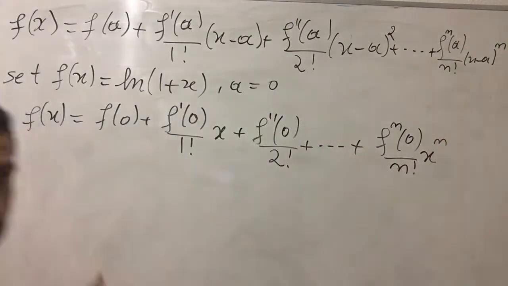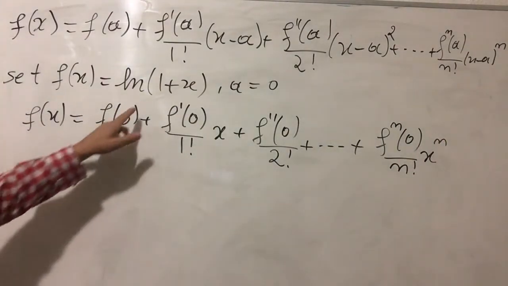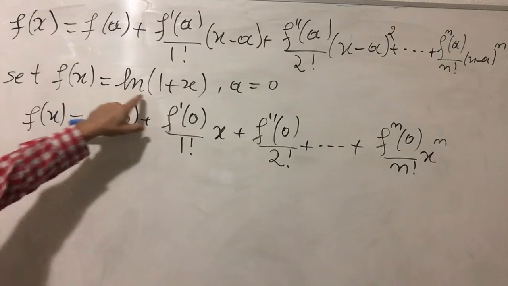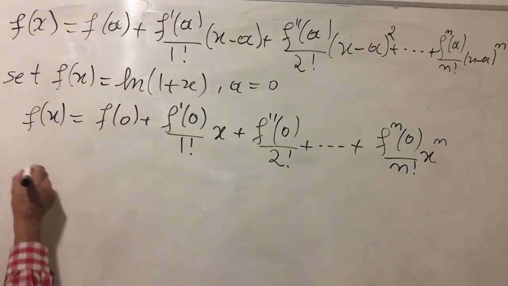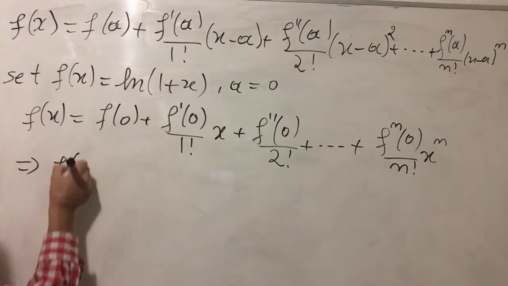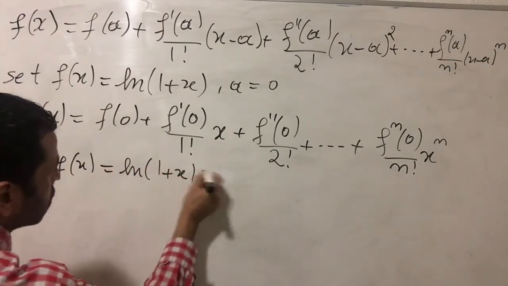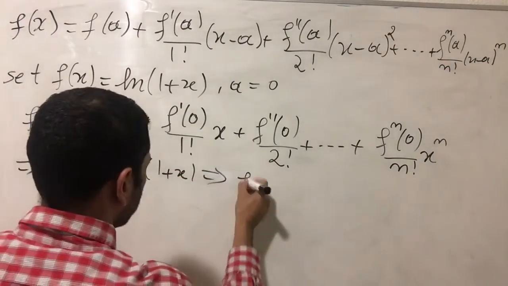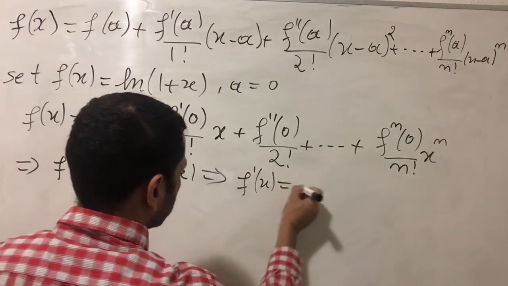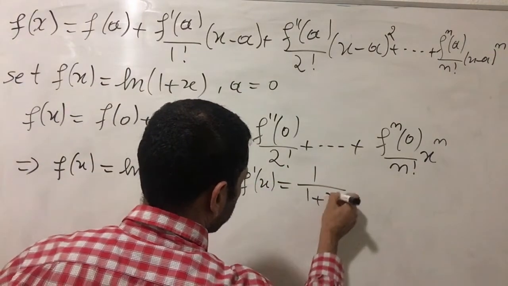Okay, so now I'm going to take the first derivative function of natural log of 1 plus x. So I will have f of x equal to natural log of 1 plus x. This implies f prime of x, which is 1 over 1 plus x.